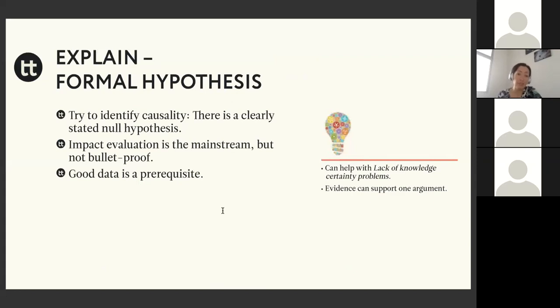Good data is a prerequisite to do any sort of research that informs a formal hypothesis and that focuses on explaining the causes. I'm going to just run quickly through all of them, and then I'm going to explain how they relate to what we've already seen of the policy programs.